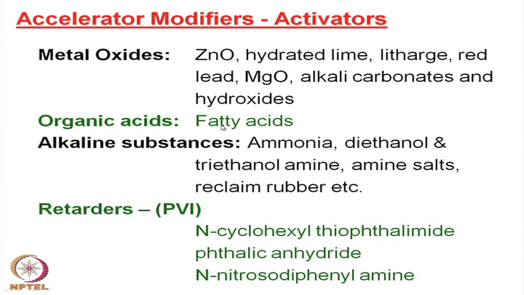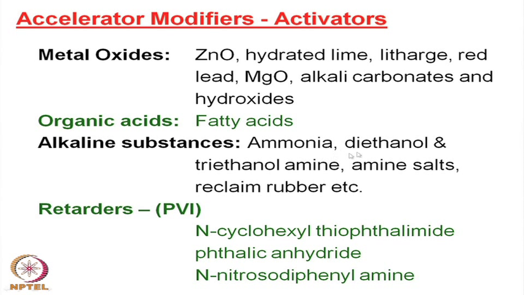Although organic acids are used, since they form a salt with the metal oxide, they cannot reduce the pH because they cannot ionize. So in order to increase the curing rate, the vulcanization rate, alkaline substances are preferable.